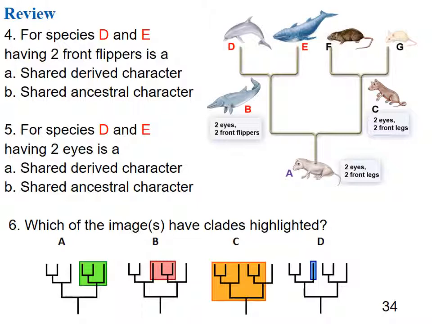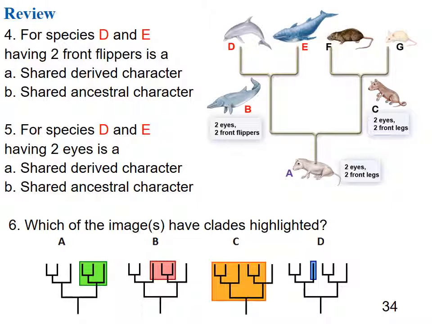So for this one, for species D and E, having two front flippers is a shared derived character. So 4 is A. If we look at species D and E again, having two eyes, is it a derived character or an ancestral character? In this case, that is a shared ancestral character, so 5 is B.